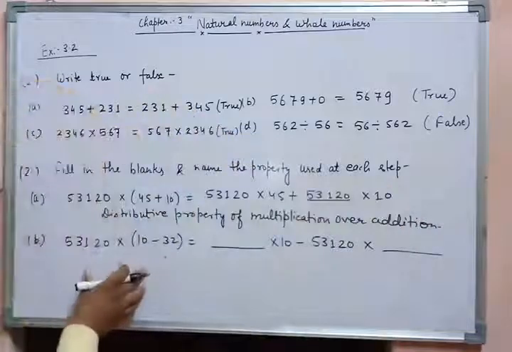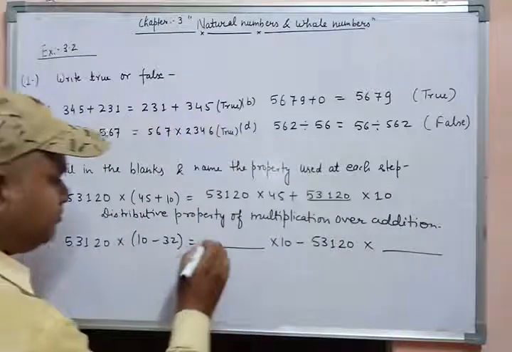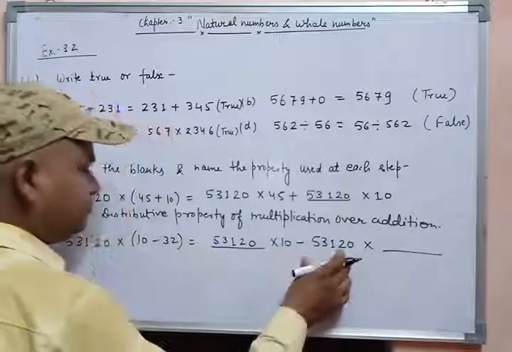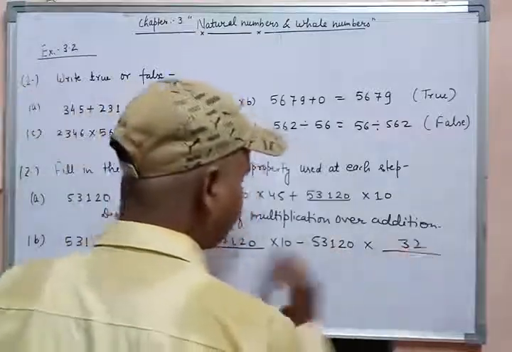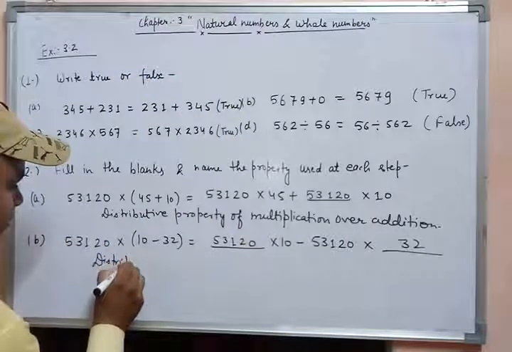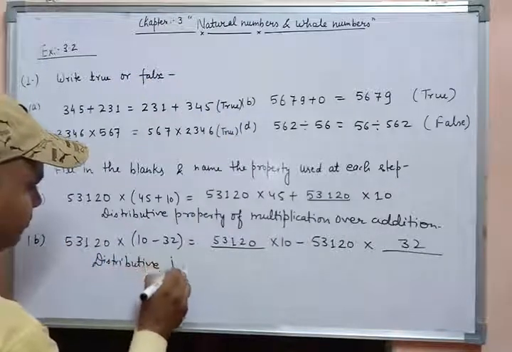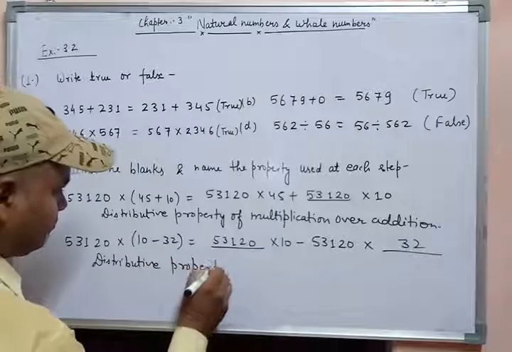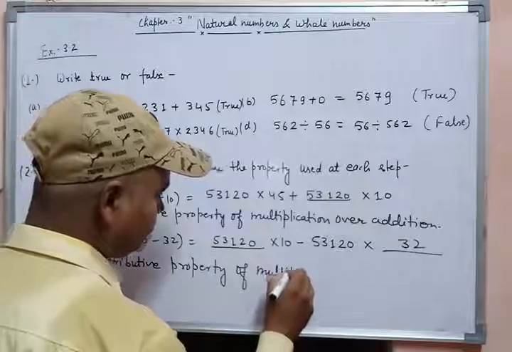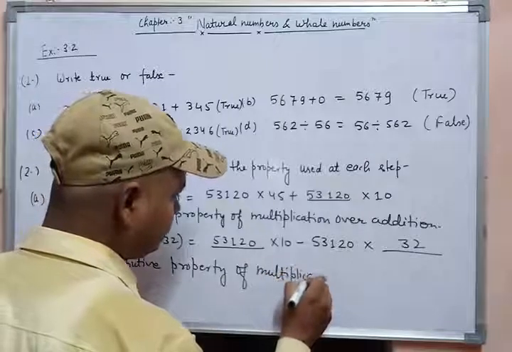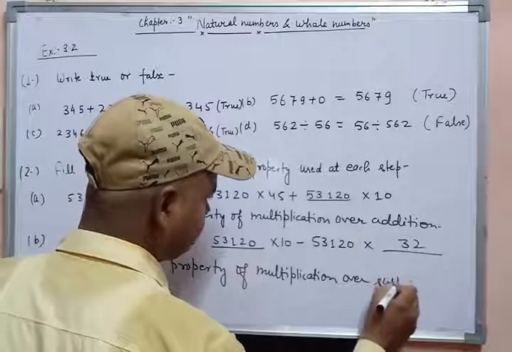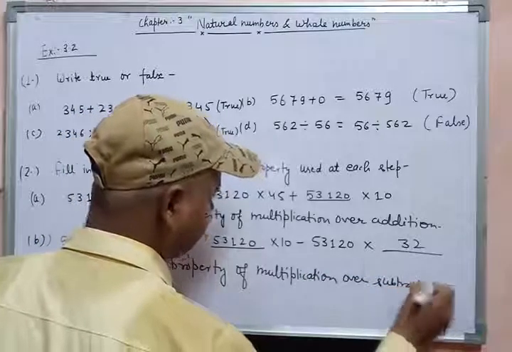In the same way we can write in this question also 53,120 here and also here 32, and the name of the property is distributive property of multiplication over subtraction.